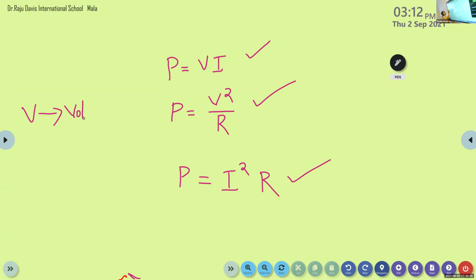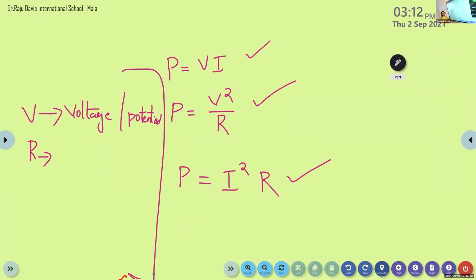V stands for voltage, or we can say it is the potential. Then what about R? Resistance.